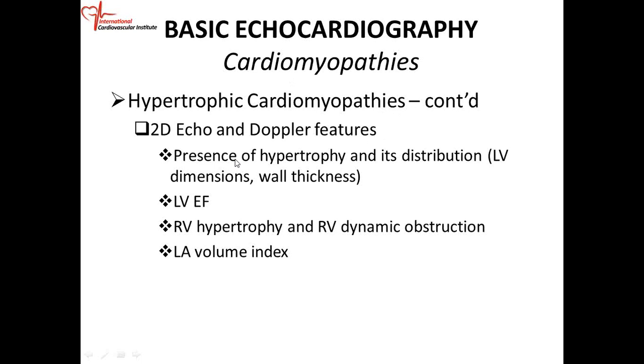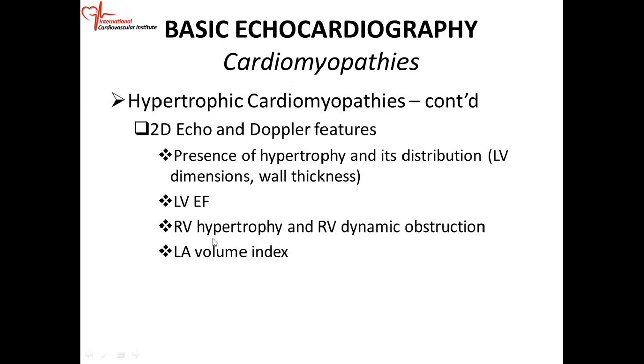All right, so you can use your 2D echo and Doppler to look at these patients with hypertrophic cardiomyopathy. Once you do your 2D echo and you do your measurements, you're going to see that the muscles are thickened. And then you can find out what's the distribution of the thickening. Is it in the septal? Is it in the apical? Or is it all around? You can also get your ejection fraction by doing your echo.